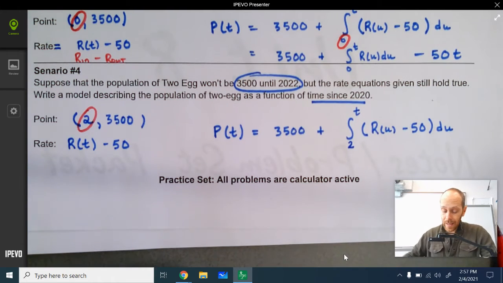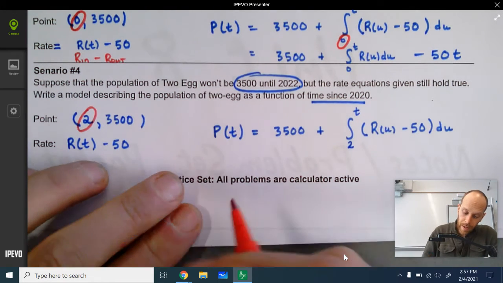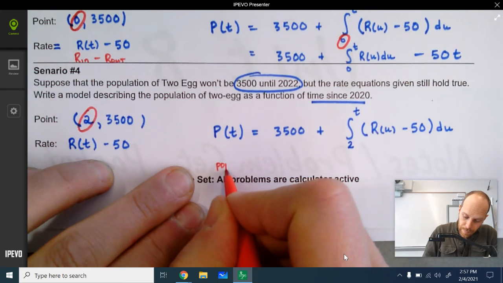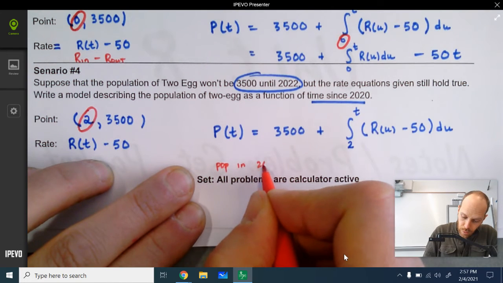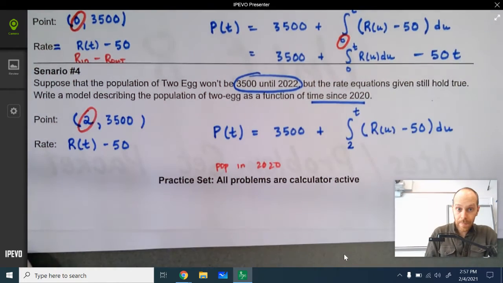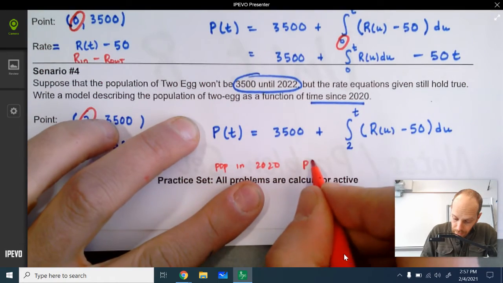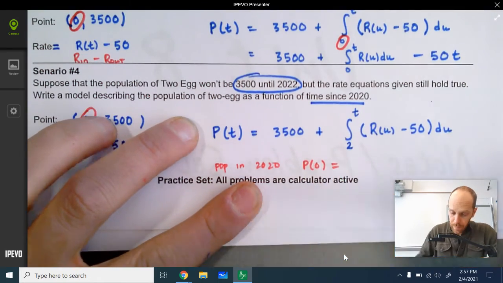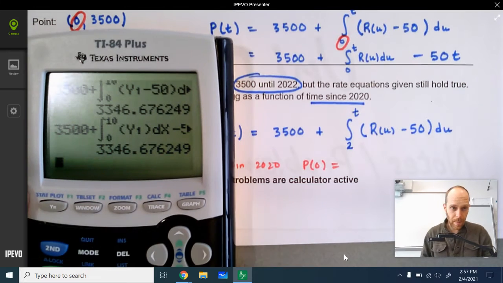And in fact, let's suppose we wanted to know the population in 2020. Then when we put in P of 0, it would look something like this.